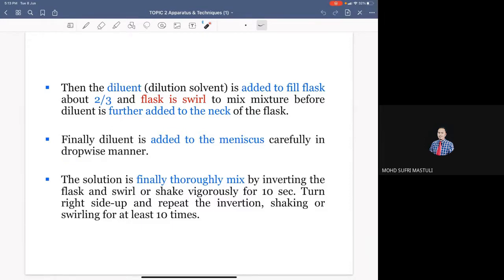The solution is finally thoroughly mixed either by inverting the flask or swirling and shaking it vigorously within 10 to 30 seconds. We can turn it right side up, or we can repeat this inversion, shaking or swirling at least 10 times to make sure all the mixture mixes homogeneously.